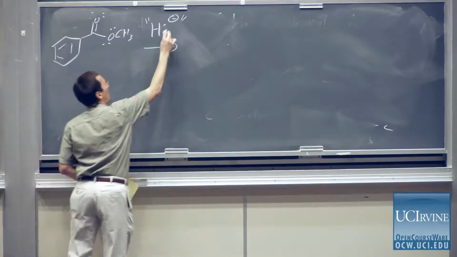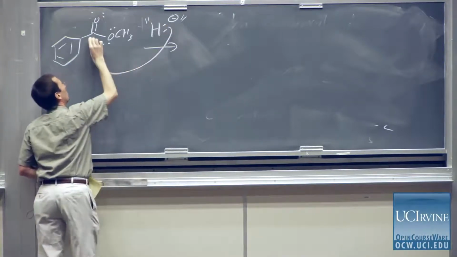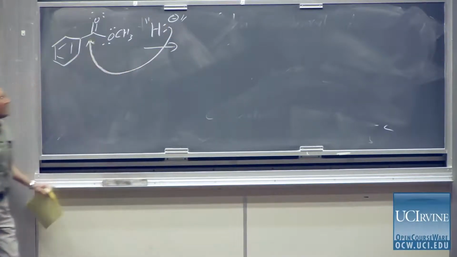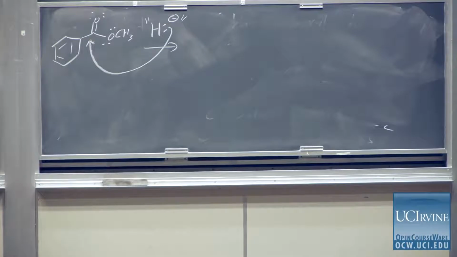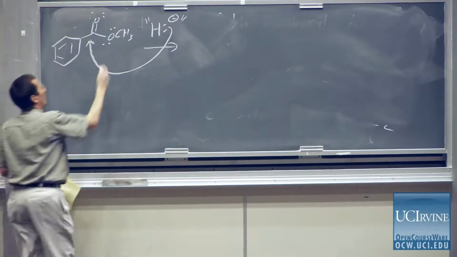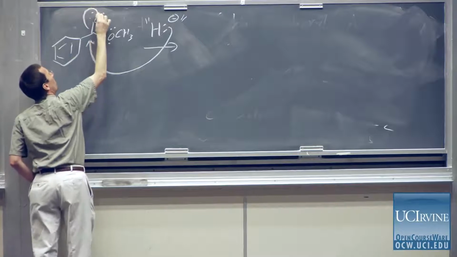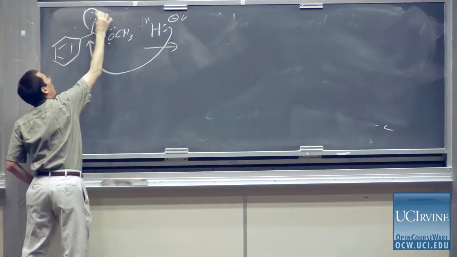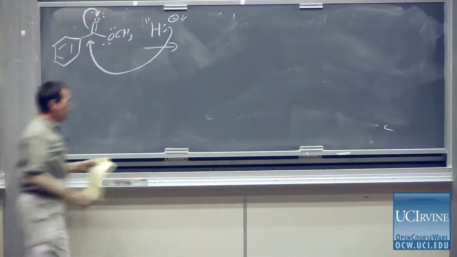And the first thing that hydride does is it's a good, potent nucleophile. We've talked about the reactivity in general of carbonyl groups. The carbonyl group is an electrophile. Electrons flow from the nucleophile to the electrophile and on to the oxygen.